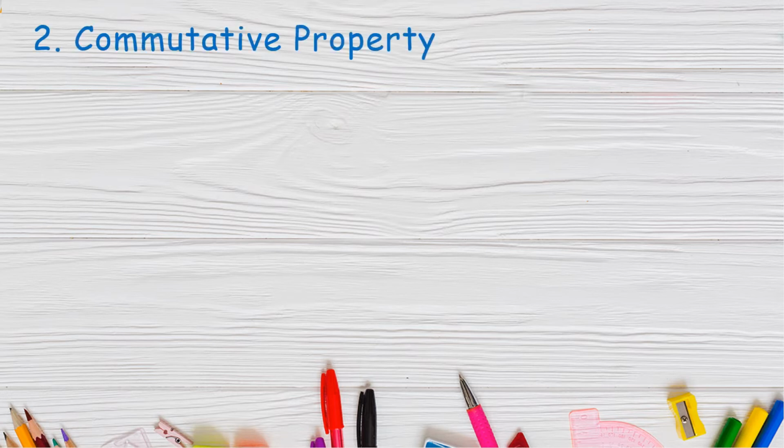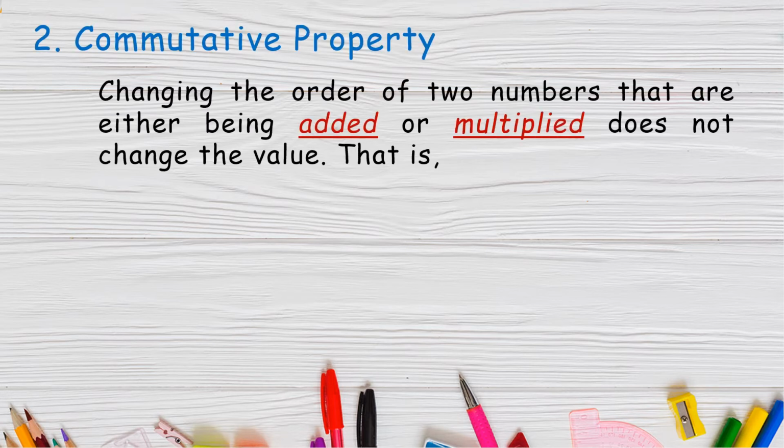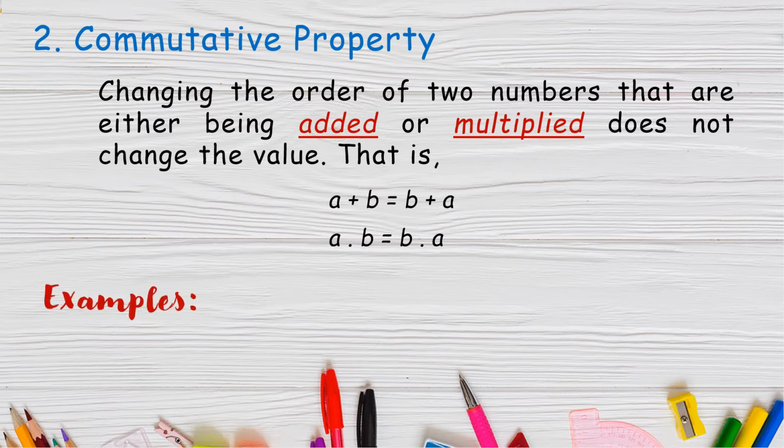The second property is the commutative property. Changing the order of two numbers that are either being added or multiplied does not change the value. That is, a plus b is equal to b plus a. A times b is equal to b times a. For example, 3 plus 5 is equal to 5 plus 3.